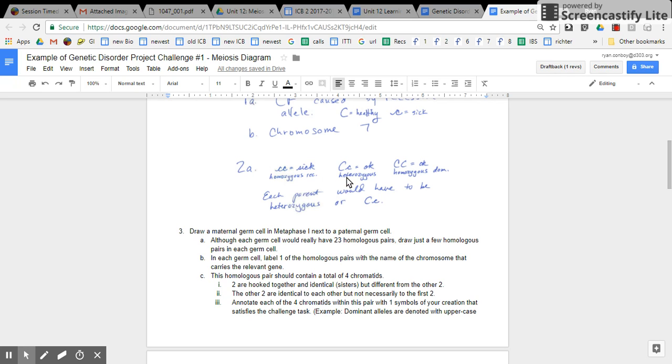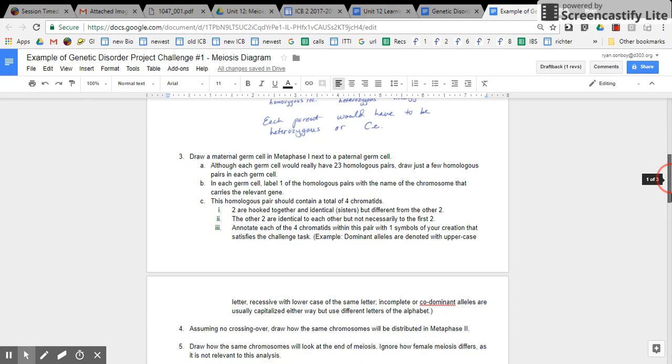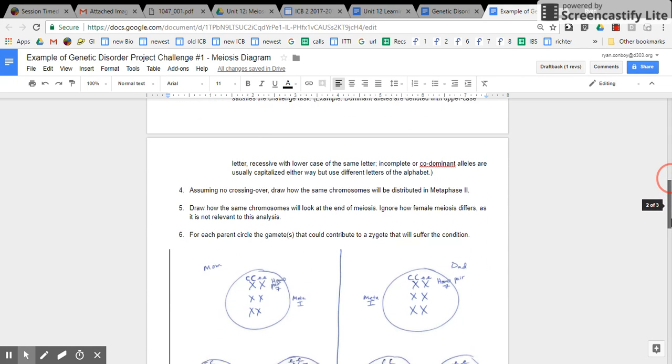They could have two different alleles in the zygote they come from, or heterozygous. Now, if both parents are symptom free, yet can conceive a child who ends up with two little c's, then hopefully you can imagine that both parents would have to be heterozygous, or big C, little c. So, with that in mind, I'm going to try to do everything that 3, 4, 5, and 6 say.